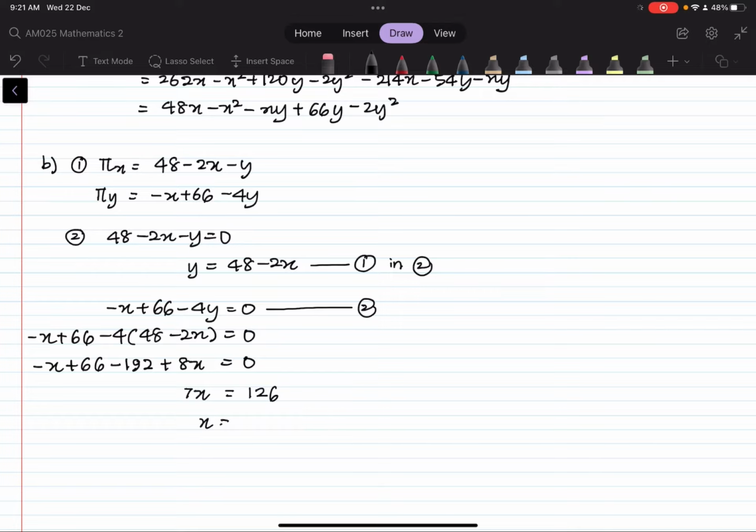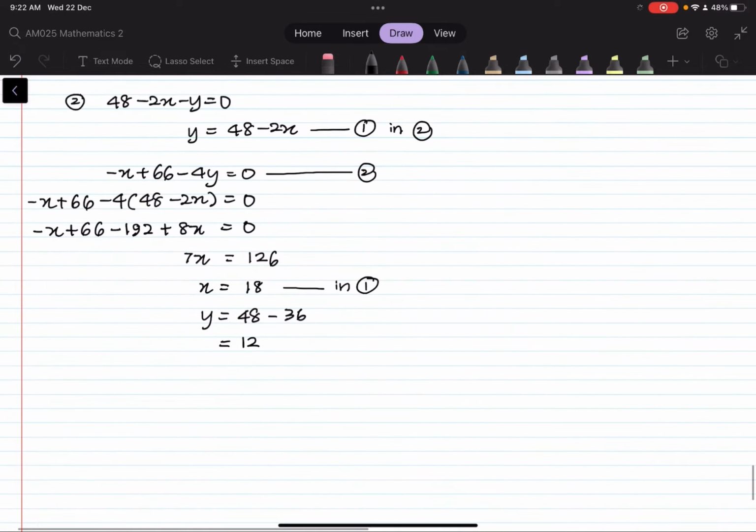So x equals 126 divided by 7, which is 18. Substituting x equals 18 into y, we get 48 minus 2 times 18, which is 36, so y equals 12. So we have a critical point, which is 18, 12.